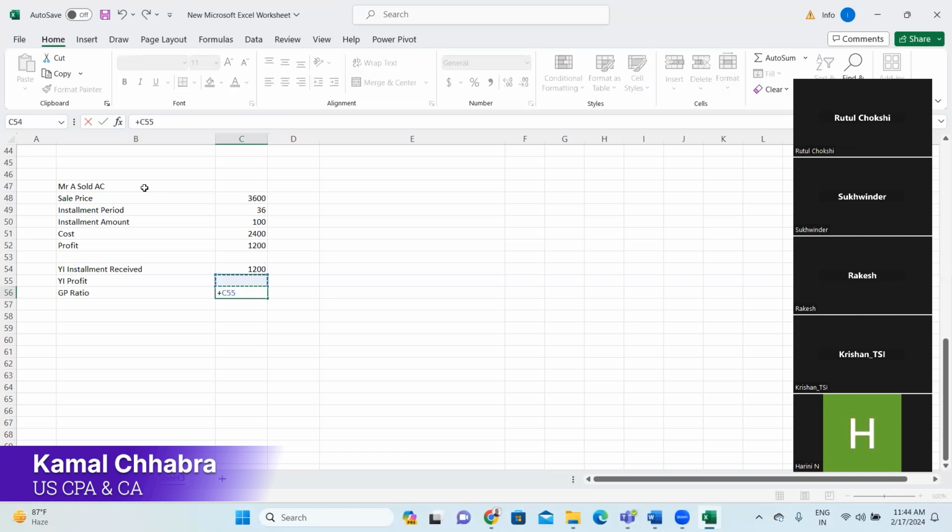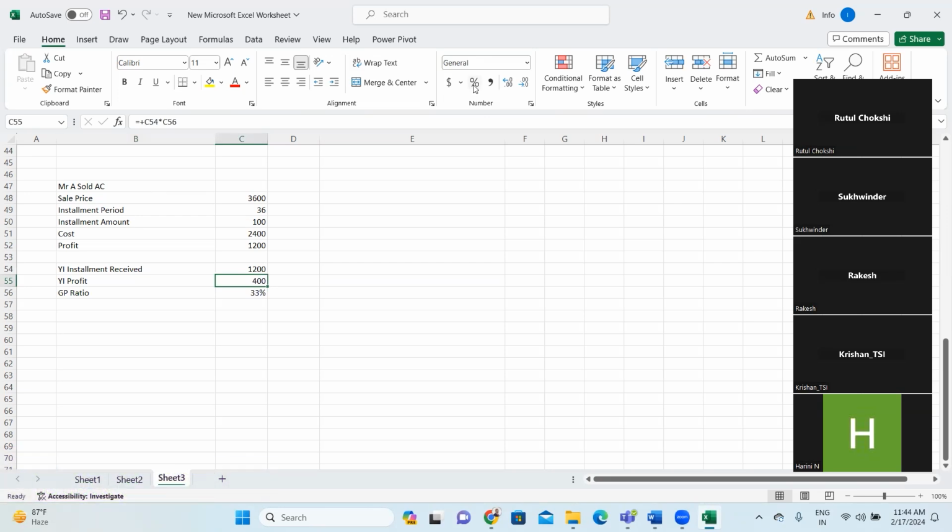GP ratio is 1200 divided by 3600, almost 33%, right? This is your GP ratio. So in this 1200 collection, there is how much profit? $400 profit, right? So you need to pay tax on $400 in year one. Same way 400 in year two, 400 in year three.